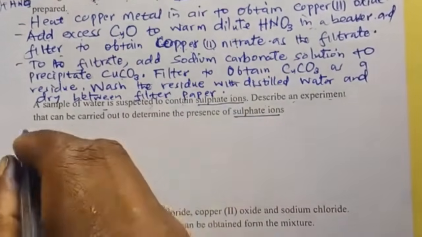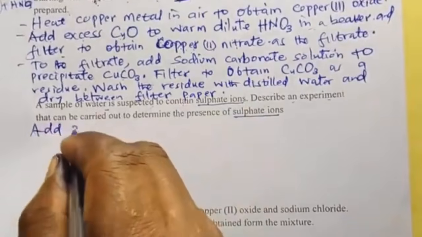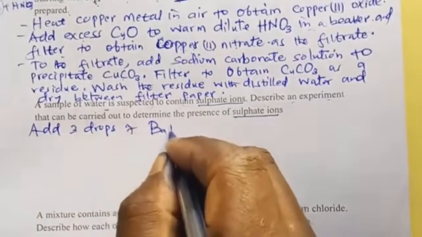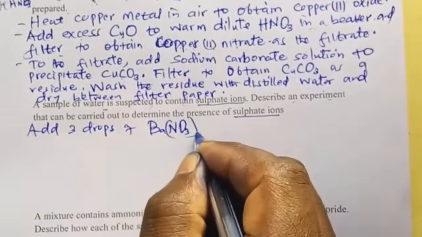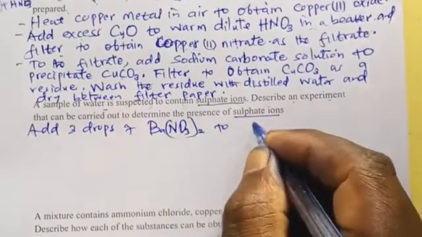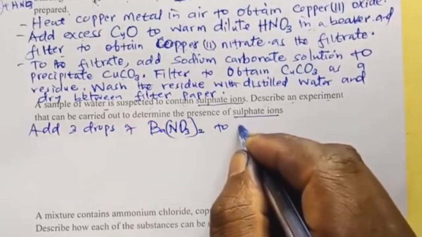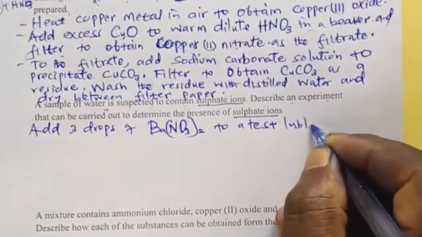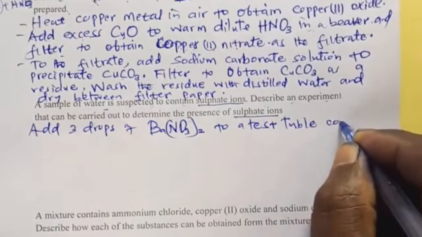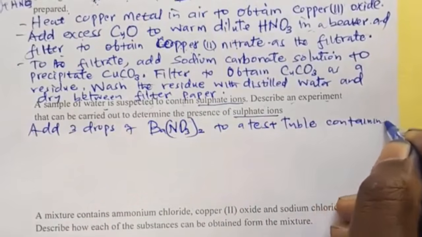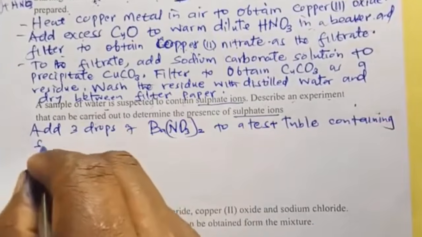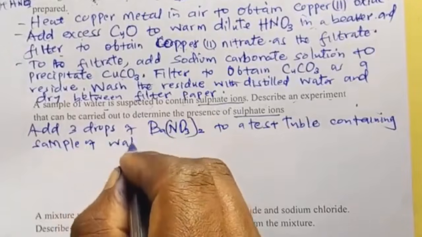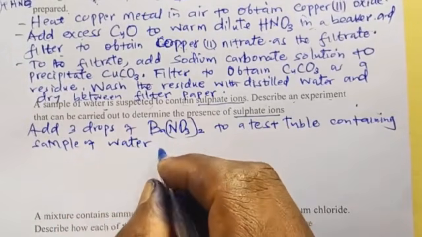So, what you do, you add 3 drops of barium nitrate to a test tube containing the sample of water that is suspected to contain the sulfate.